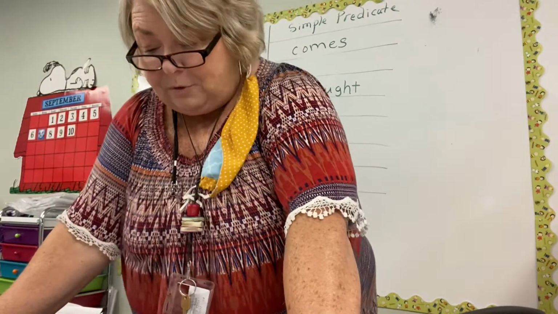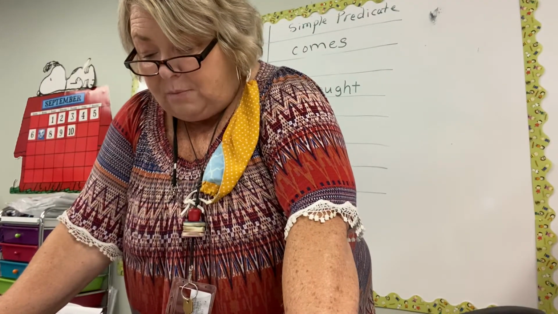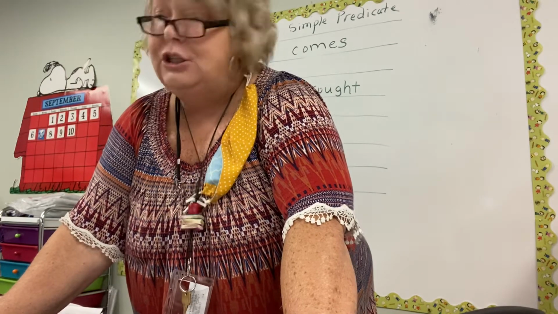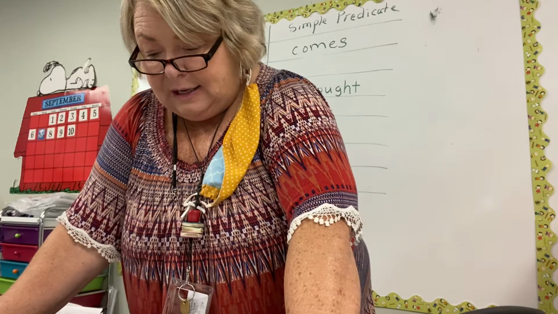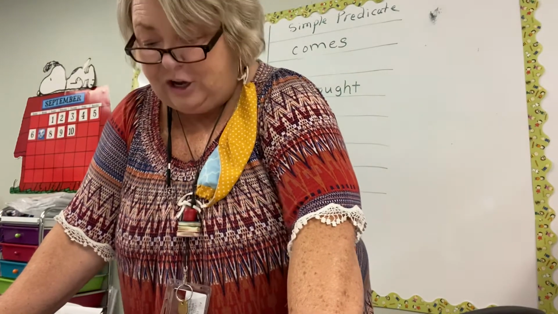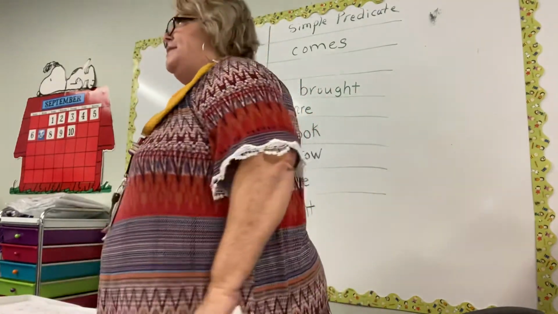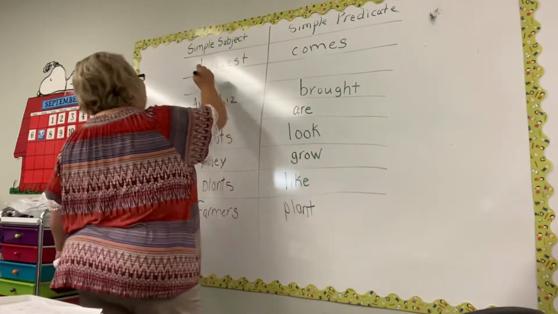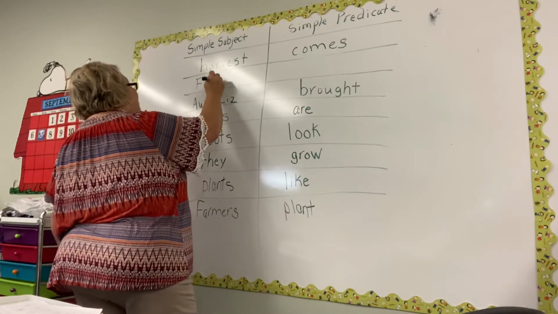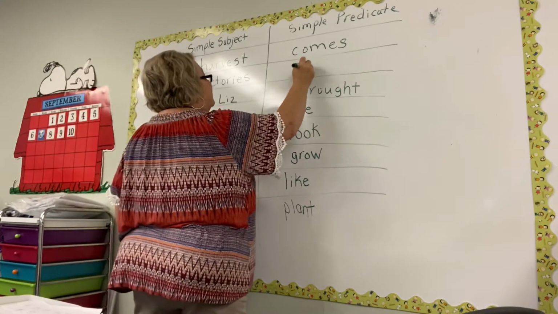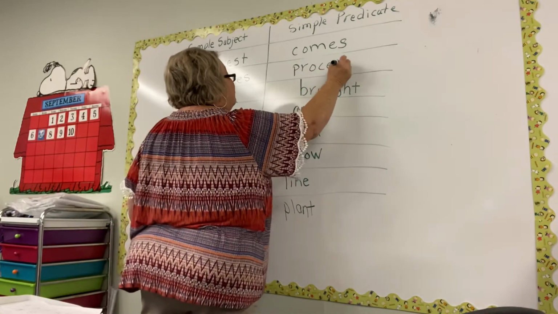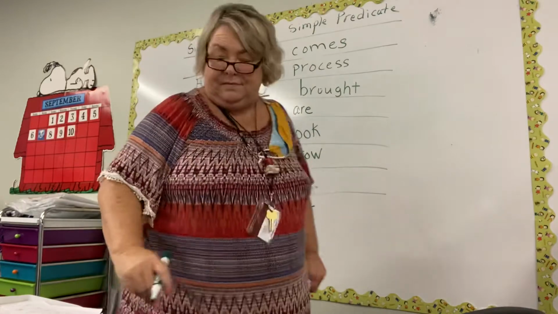And then finally, in our guided practice, we have number 7. Factories process the beets into sugar. Ronald, where do we split that? Between factories and process. That's very good. And Ronald, what is the simple subject? Factories. And what is the simple predicate? Process. That's the action of processing something.